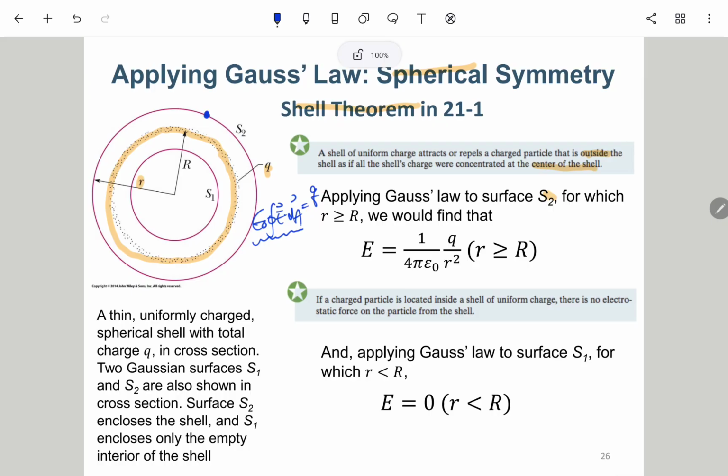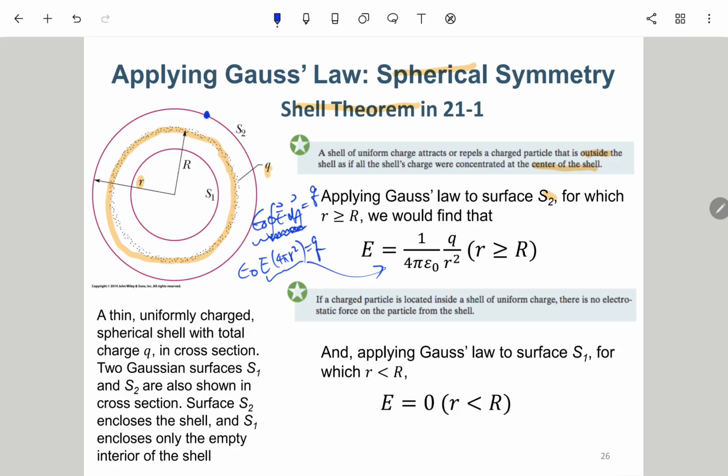According to what we have done before, you will have epsilon naught times E, since E is uniform, times the surface area of a sphere, 4 pi r squared, if you still remember, equals Q. Since it has spherical symmetry, 球形对称, we can simplify this surface integral easily.